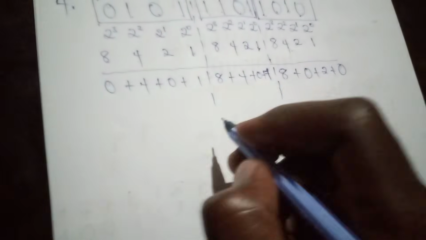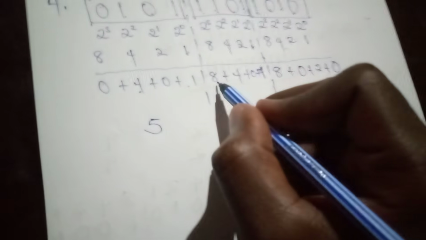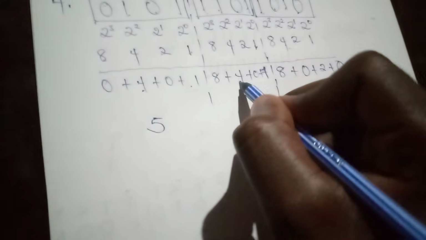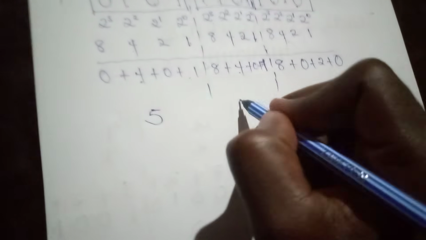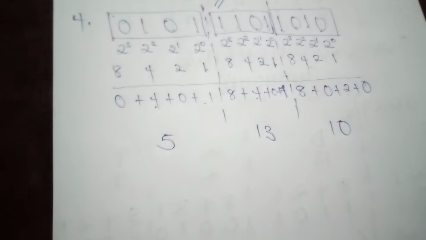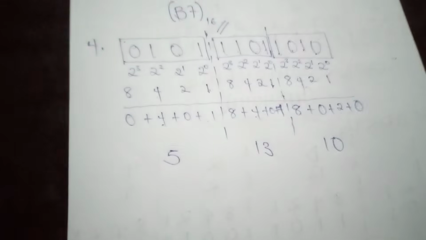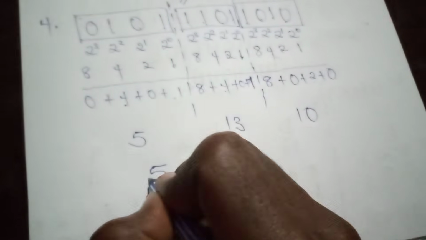Now from there, it's just the issue of summing up the numbers. 4 plus 1 is 5. 8 plus 4 is 12, plus 1 is 13. And then 8 plus 2 is 10. Now, in hexadecimal, when numbers go beyond 9, they are represented by letters in alphabetical order. So 5, I'm going to write 5 the way it is because it is below 10.